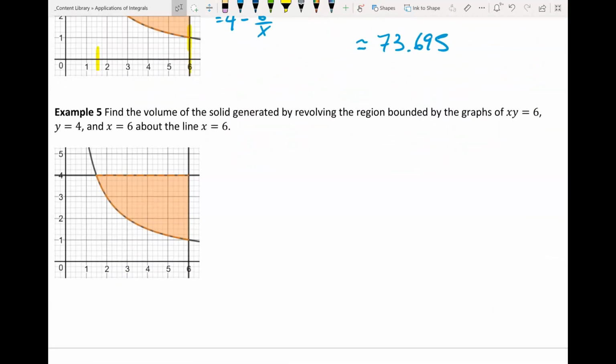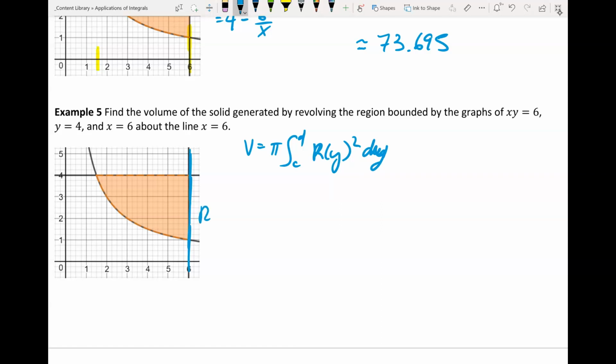Then for example 5, we want to find the volume of the solid generated by revolving the region bounded by the same graphs, xy is equal to 6, y is equal to 4, x equals 6, but in this case you're going to go around this line. So we're going to go around a vertical line. We are using the integral from c to d of r of y squared dy.